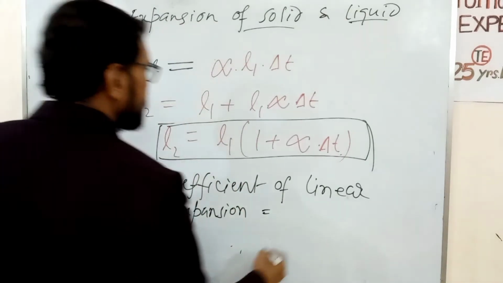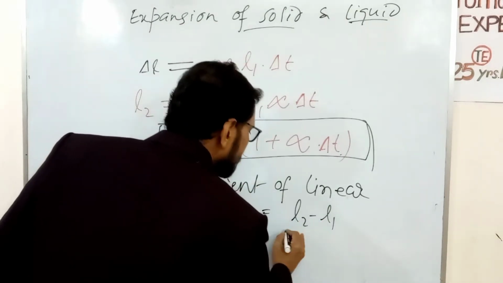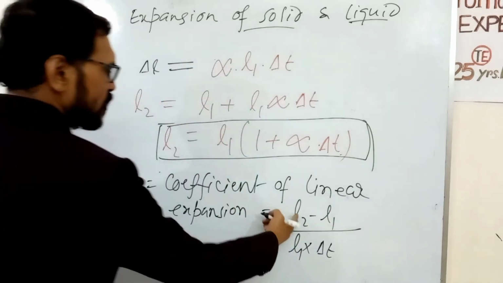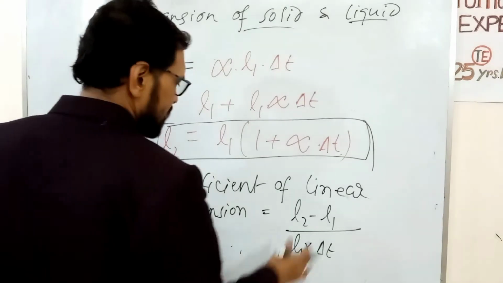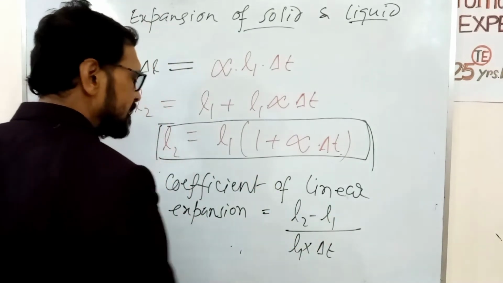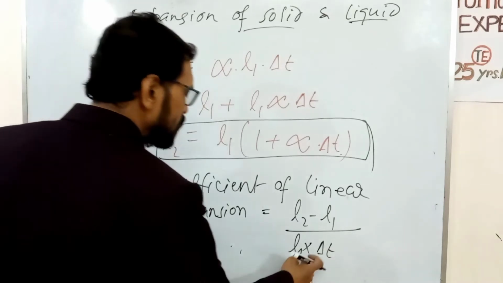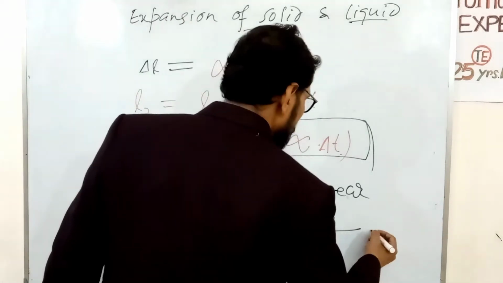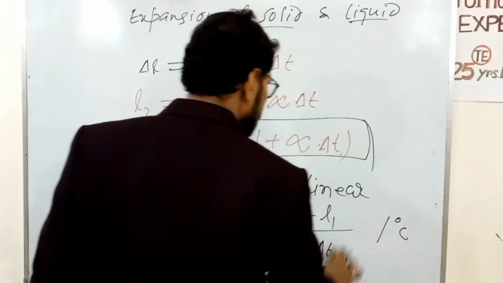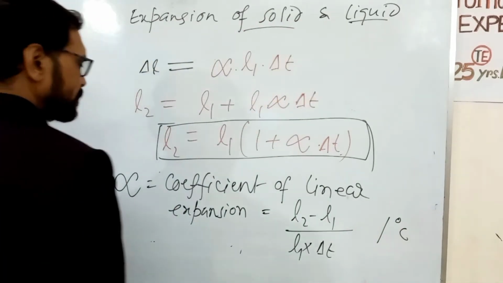Alpha equals L2 minus L1 by L1 into del T. L2 minus L1 has unit centimeter, centimeter by centimeter cancels, and the unit of del T is degree centigrade, so the unit is per degree centigrade.